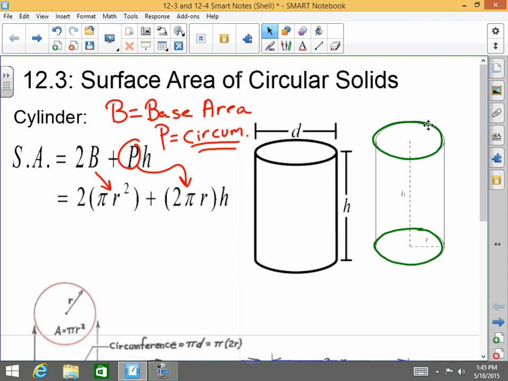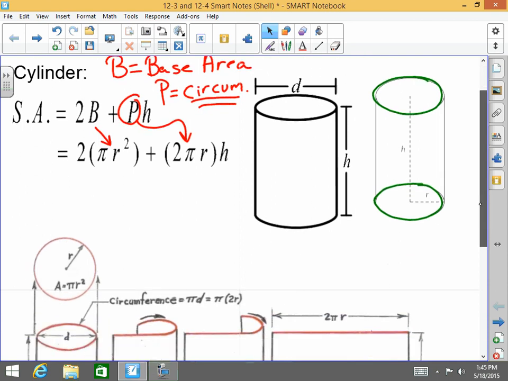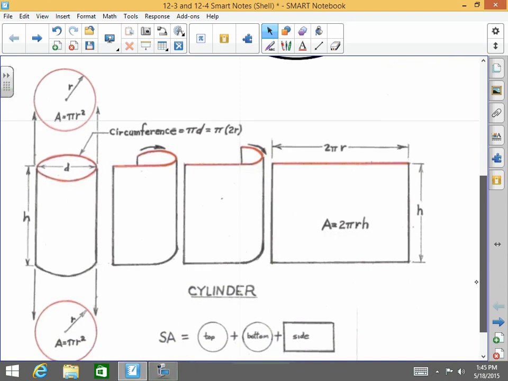Now, if you remember when we broke down the 3D figure, like for example a box, we broke it down and had two sides, a front, a top, a back, and a bottom, correct? Well, let's go ahead and break up a cylinder as well. I think you'll enjoy this.